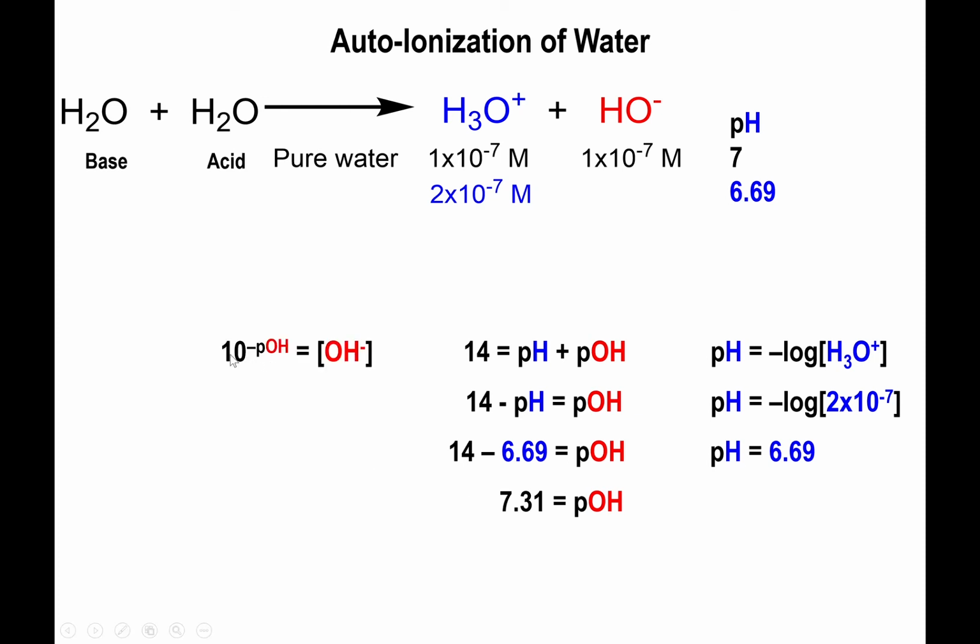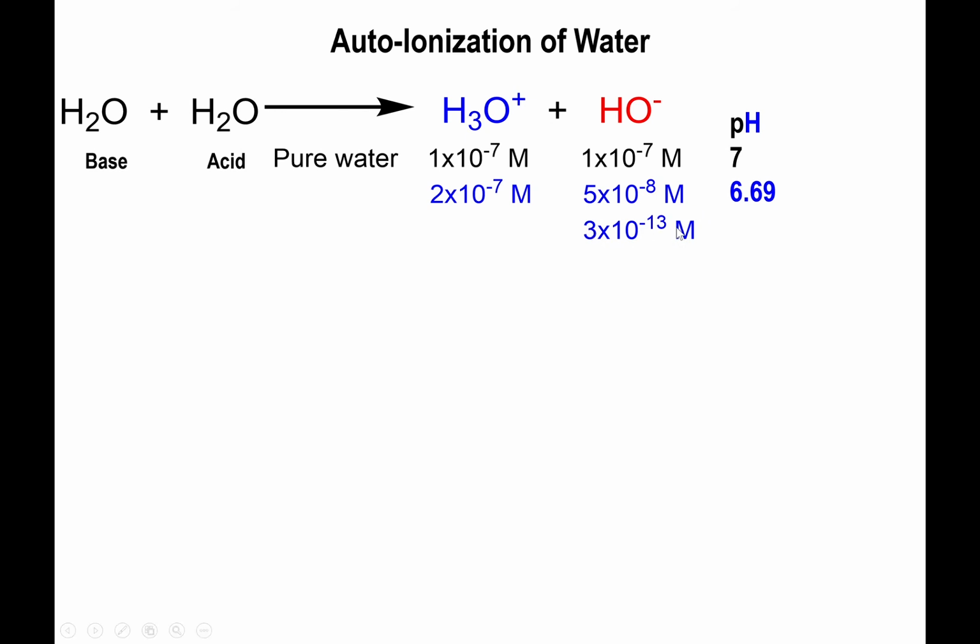We raise 10 to the negative pOH, the same way that to get the hydronium concentration from pH, we raise 10 to the negative pH. So 10 to the negative pOH is the hydroxide concentration. The pOH is 7.31, so 10 to the negative 7.31. Your calculator will tell you that's actually equal to 5 times 10 to the negative 8. So either way, you can find out the hydroxide concentration.